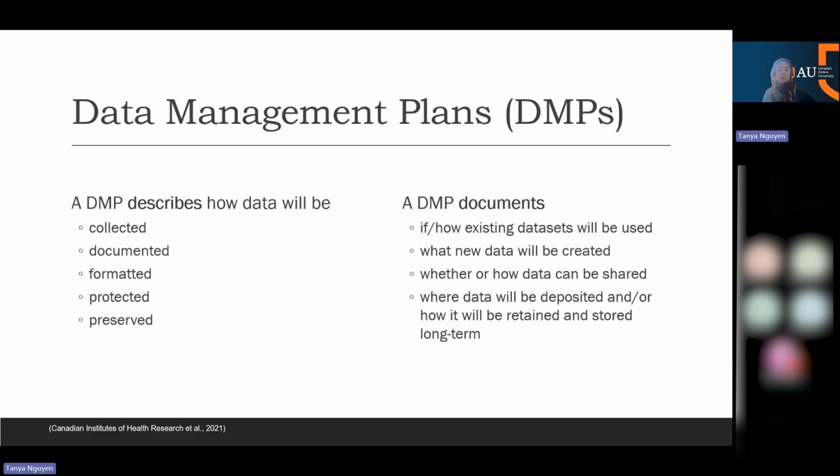It talks about how existing data sets will be used, what new data will be created over the course of the project, and whether the data will be shared and where that data will be deposited.